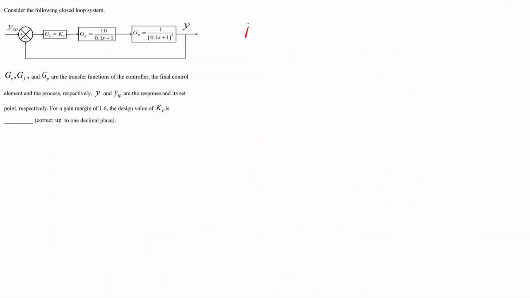For this open loop block diagram, the amplitude ratio will be the simple multiplication of the amplitude ratios of the individual blocks. So we can write this as Kc into AR1 into AR2 into AR3 is equal to 1 upon 1.6.